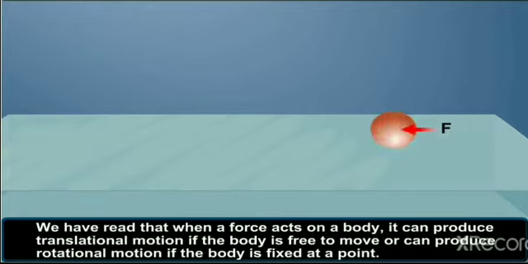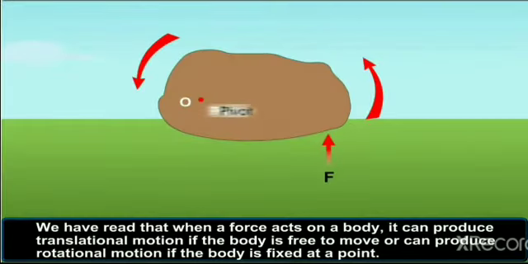Equilibrium of bodies. We have read that when a force acts on a body, it can produce translational motion if the body is free to move, or can produce rotational motion if the body is fixed at a point.